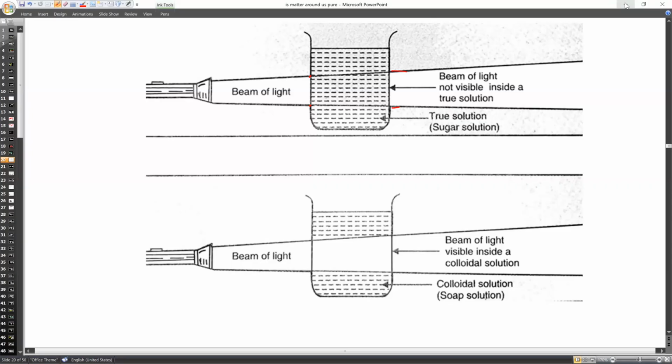If you have a colloidal solution and you pass a beam of light through it, the path of light will be visible to you.